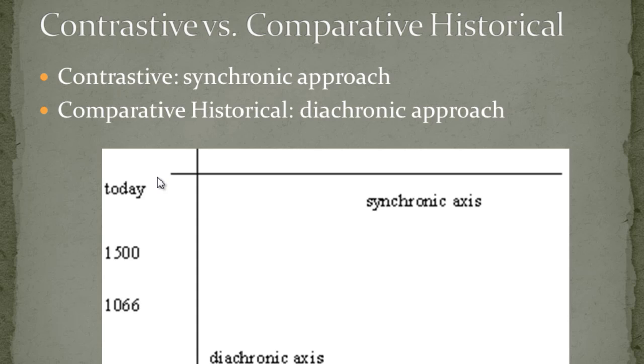With the two axes like this, contrastive linguistics will be on the synchronic axis, and comparative historical will be on the diachronic axis.